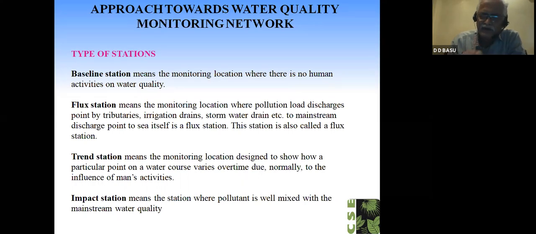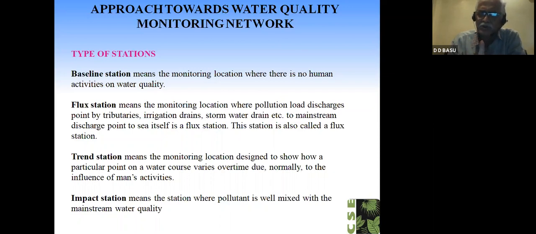Impact means just downstream of the mixing zone of the wastewater. The wastewater discharge is mixed, and that is the impact station, which is very important.